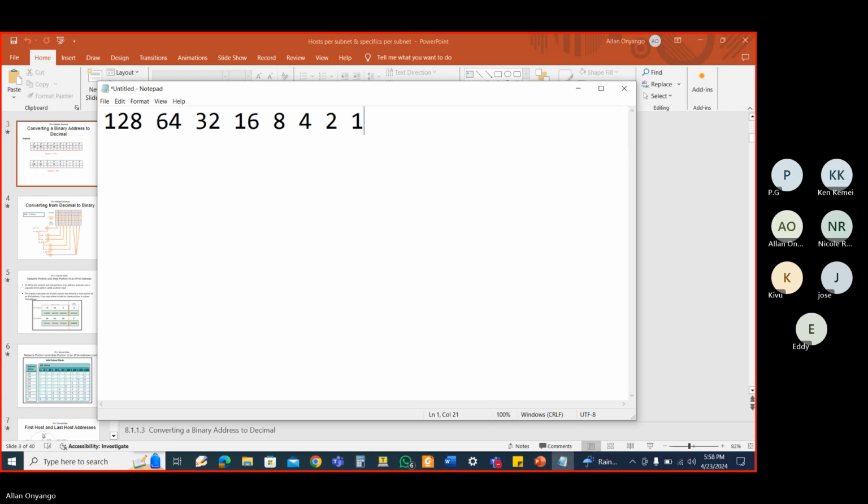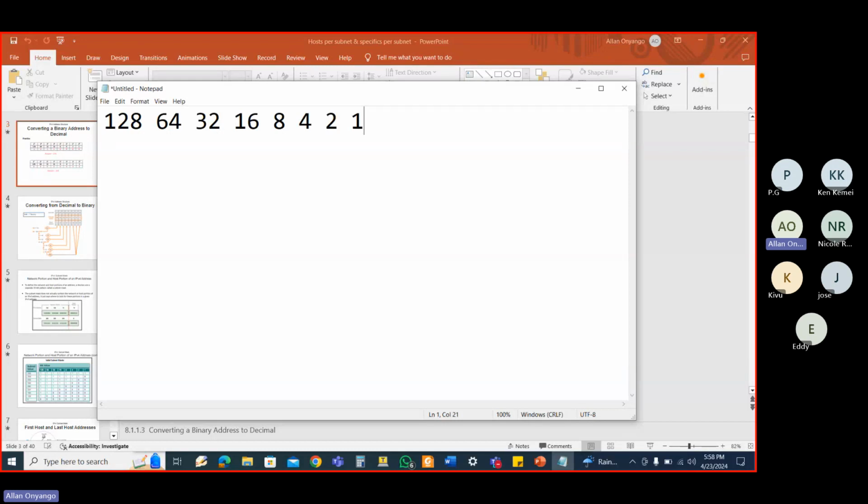So if each section has 8 bits and we call it an octet, how many numbers are these ones on the screen? There are also 8, isn't it? There's a very strong reason why. And each of the 8 bits in the section is always represented by these numbers, from left to right. And of course, we are going to see that.